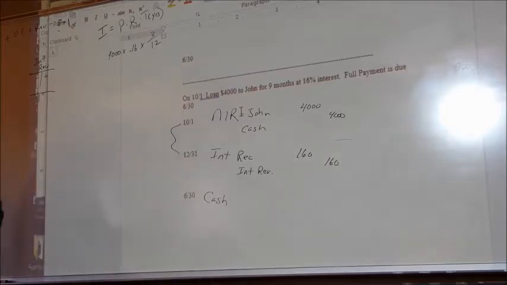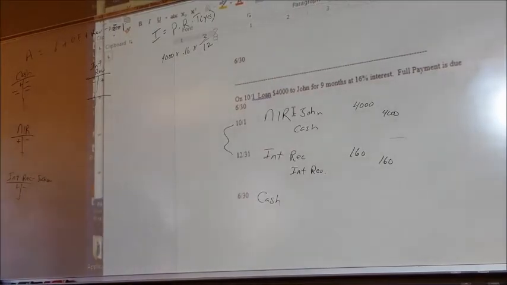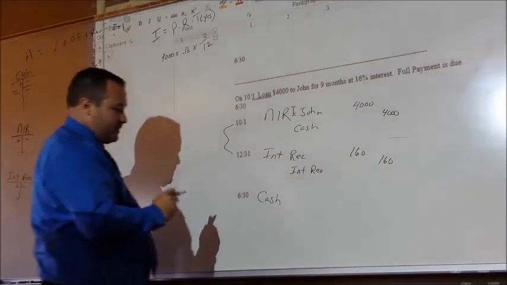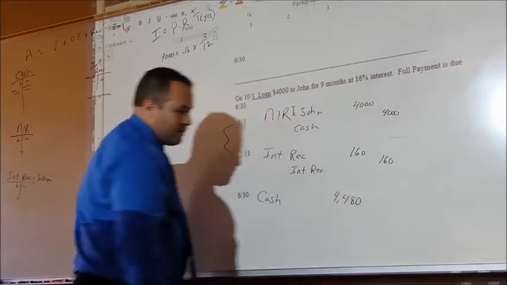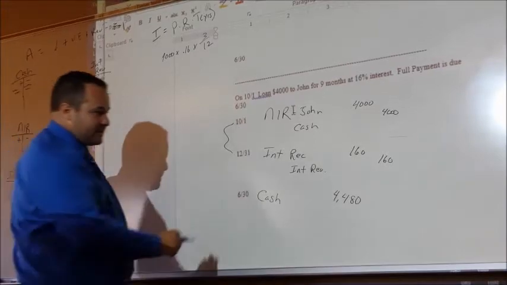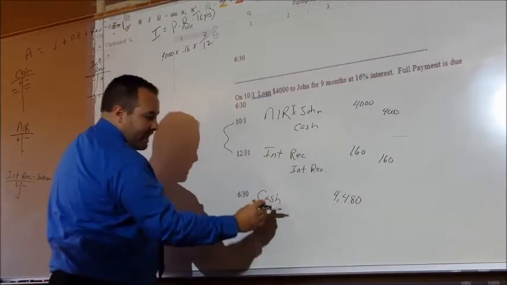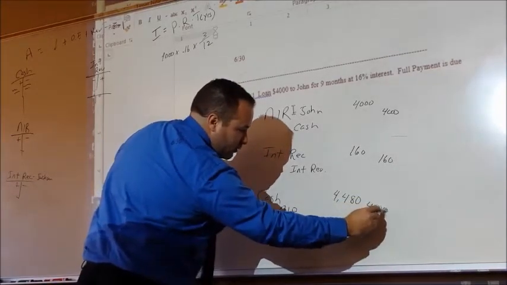How much cash did I get? 4,480. I think that sounds about right. I need to break this cash down to see if I actually did it right. Let's see. Where did the cash come from? Part of it came from my note, my original loan, 4,000.